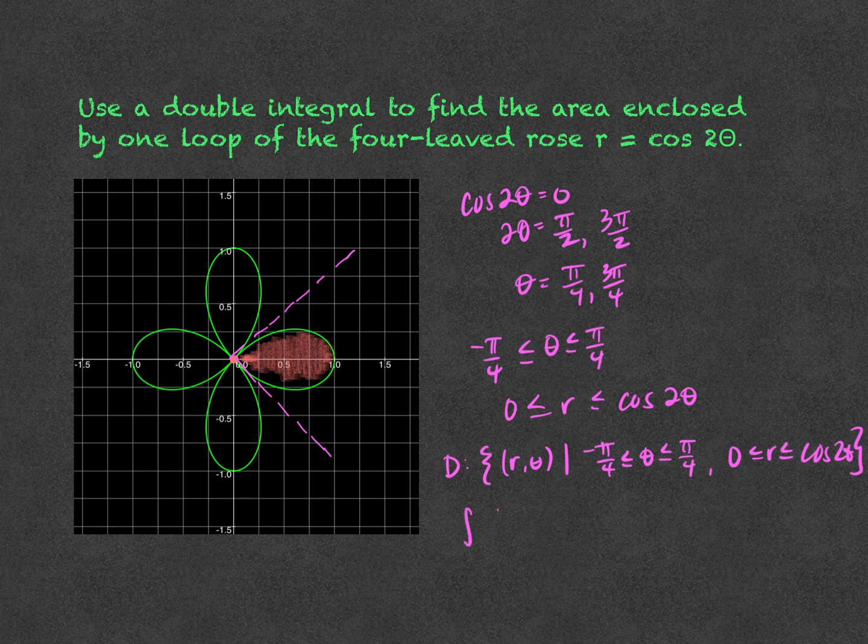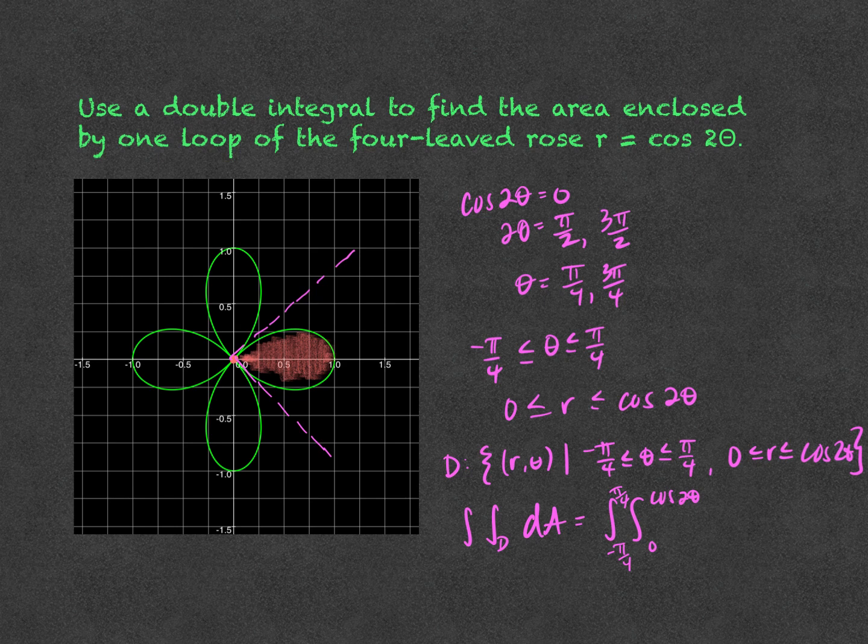So we're going to do a double integral. And when we look at this equation, we don't really have an area given to us except in terms of the equation. So we're just going to say the double integral over D of dA is equal to the double integral, where our thetas are negative pi over 4 to positive pi over 4, and our r goes from 0 to cosine of 2 theta.